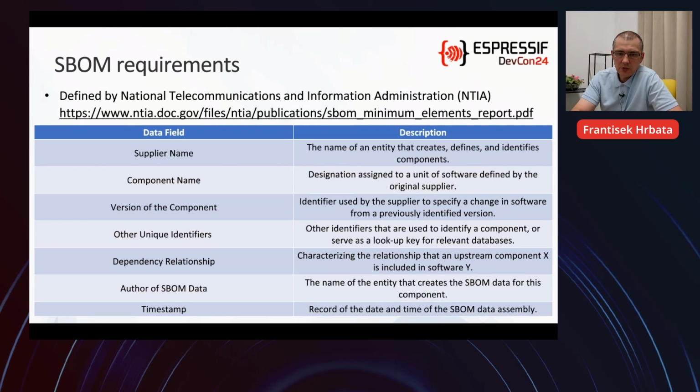This is important because this plays a key role in the software supply chain. So this is one thing I forgot to mention about why SBOM is good or needed. Through the relationships, you can see the software supply chain. Then the author of the SBOM document, and some timestamp. That's basically all that is required by the NTIA.